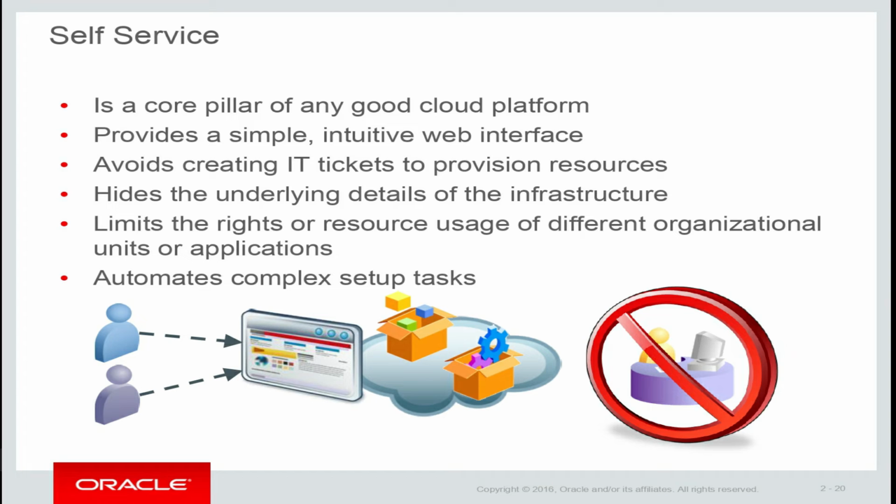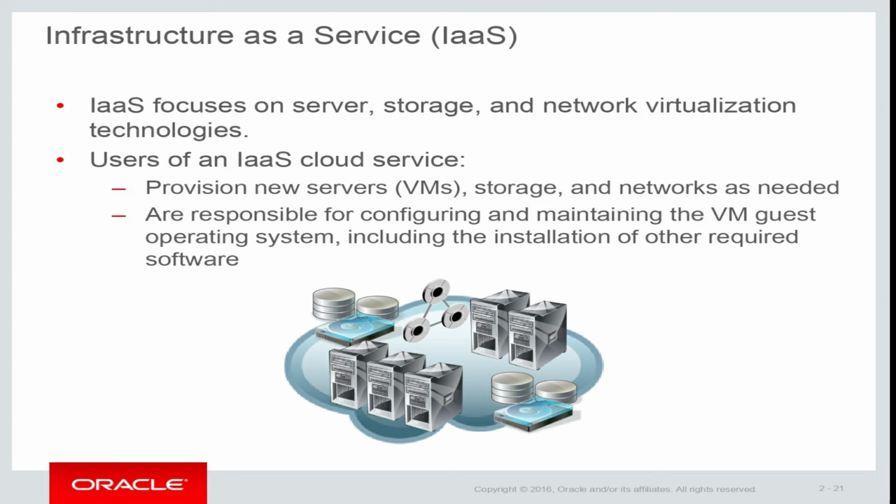Infrastructure as a service is part of cloud computing. If you want to get this service from any cloud vendor, it will provide you just a VM. What will a VM have?